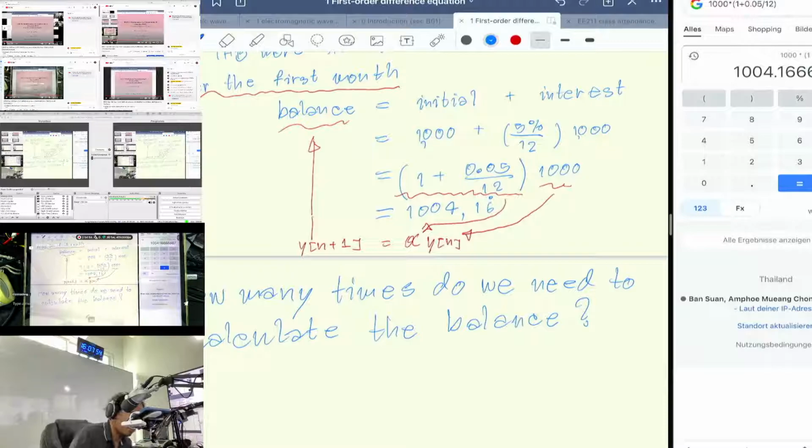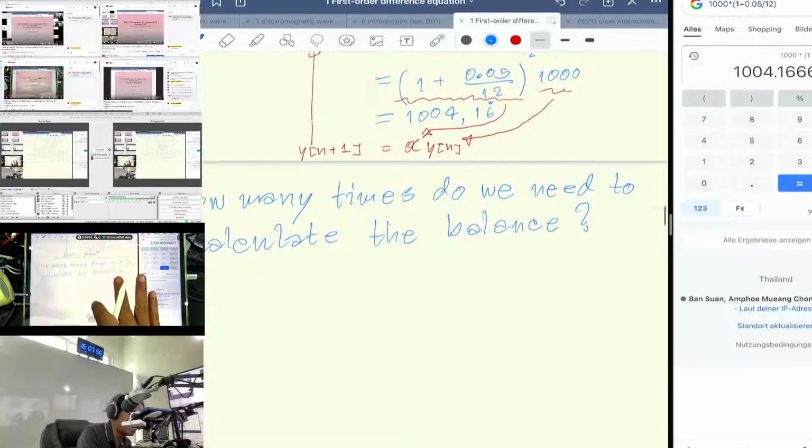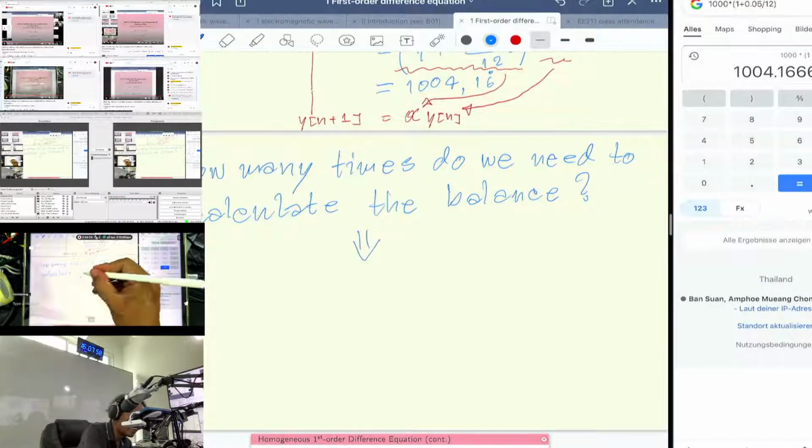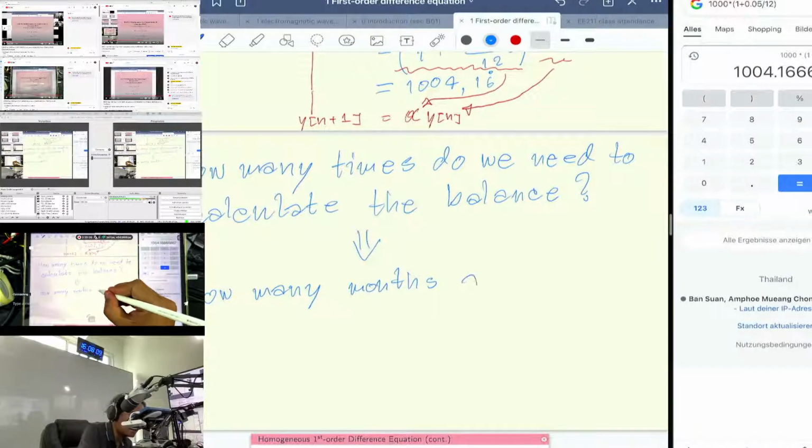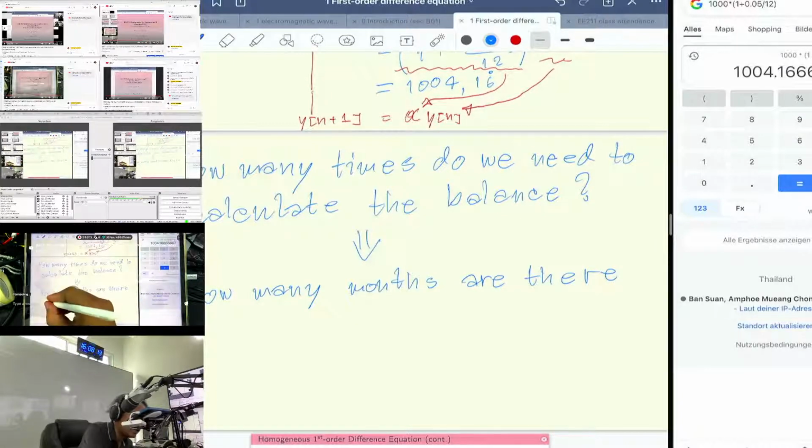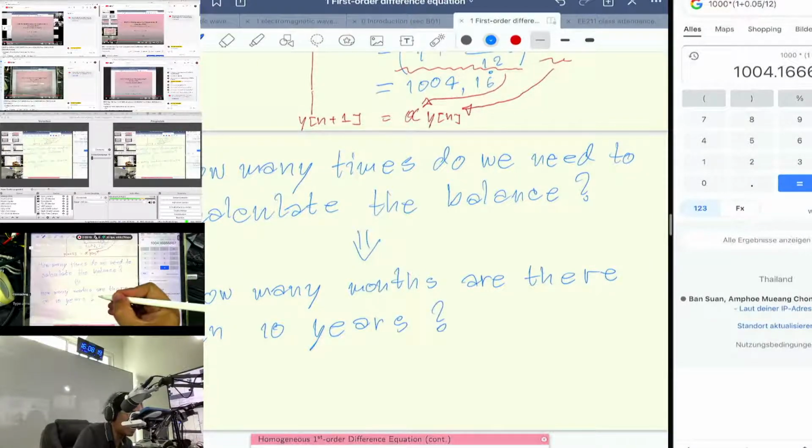It means how many years? Oh, no, sorry. How many months are there in 10 years? That's the number of times we need to calculate the balance or the interest, right?